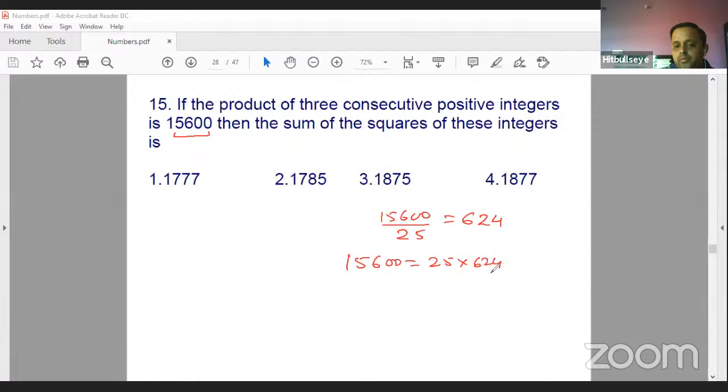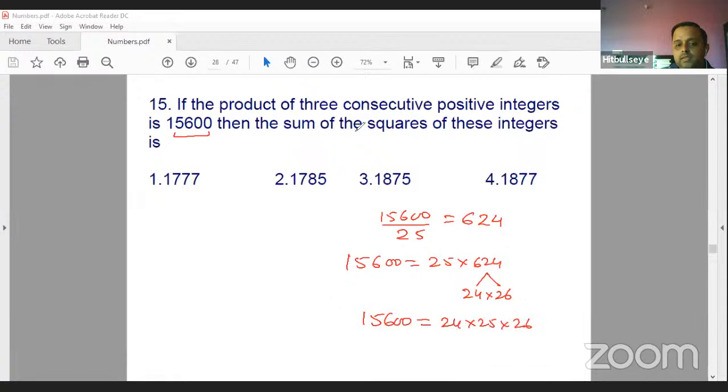So obviously I need to break 624 in such a way that I get numbers consecutive to 25. So that would be 24 into 26. That means the numbers are 24 into 25 into 26.